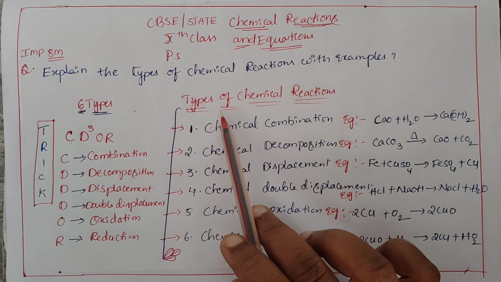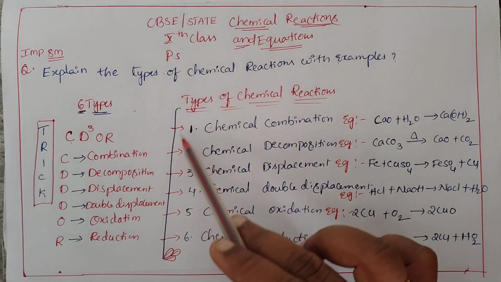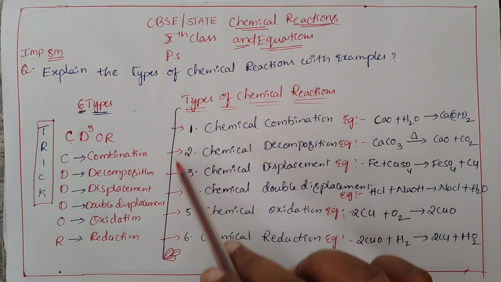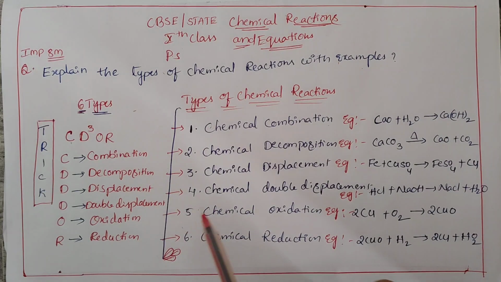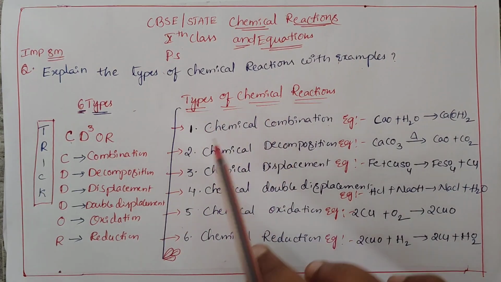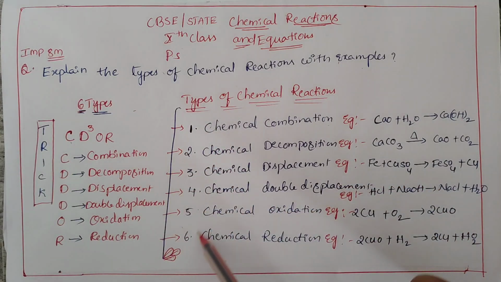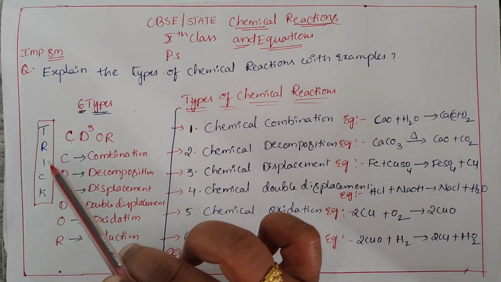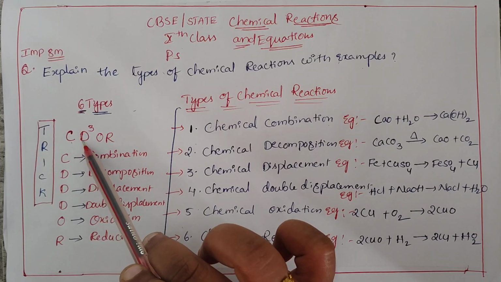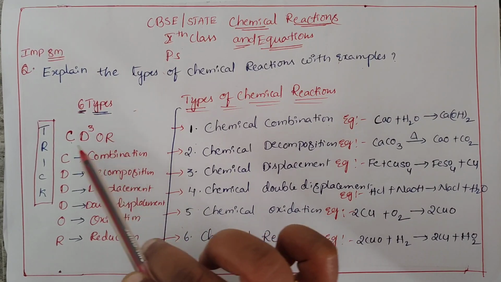So, totally we have 6 types of chemical reactions. What are the 6 types? For this, there is one trick to remember them, that is CD cube OR.